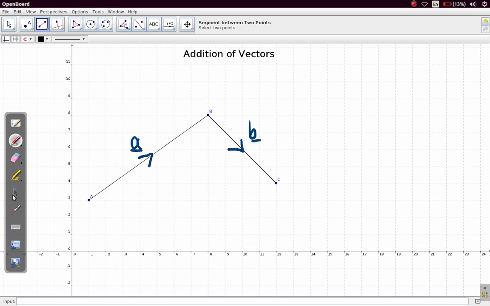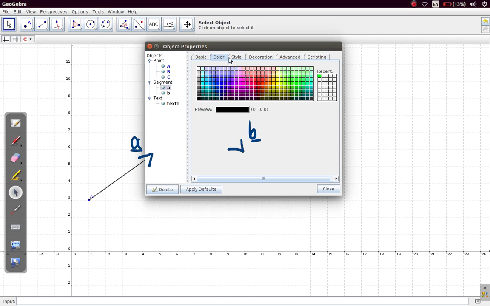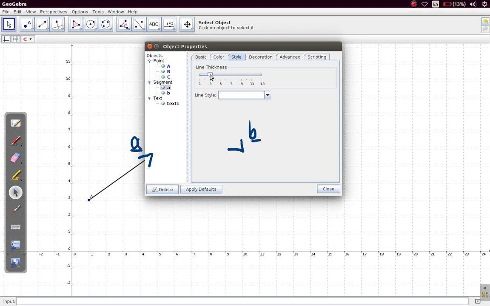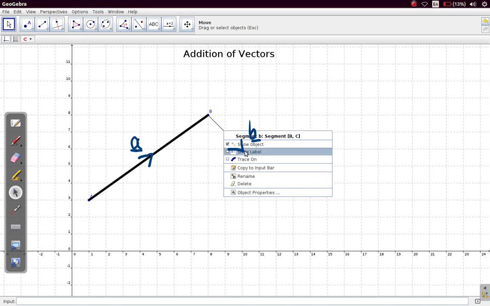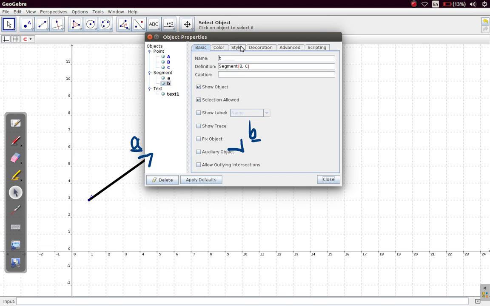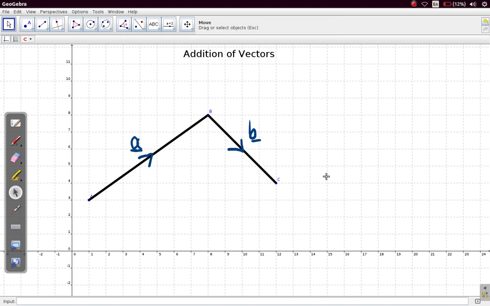I want these vectors to be thicker than they are right now, so let's do that. Let me make this thicker. Good, that's vector A. And then vector B. Let me thicken vector B as well. Good.